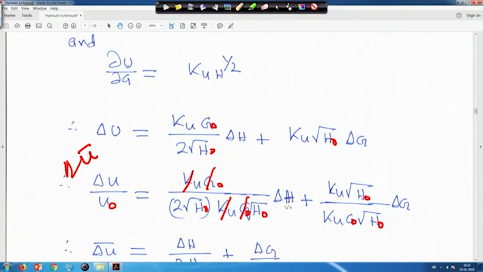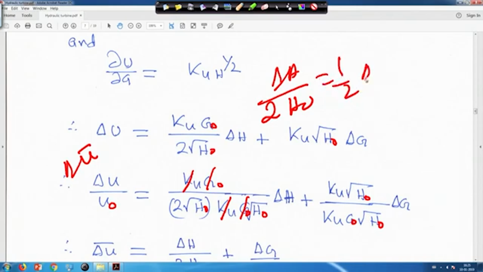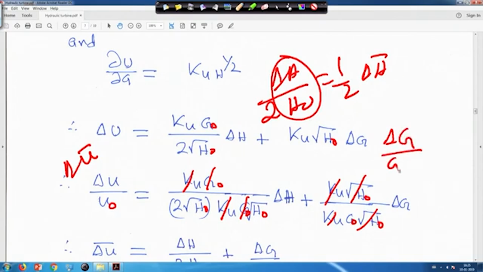So, it will be delta h divided by 2 h 0, right. So, it can be written as half delta h bar, that means this term is also normalized. Similarly, here also this h 0 will be cancelled, ku will be cancelled, and it actually becomes delta g upon g 0. So, that can be written as delta g bar, it is normalized.